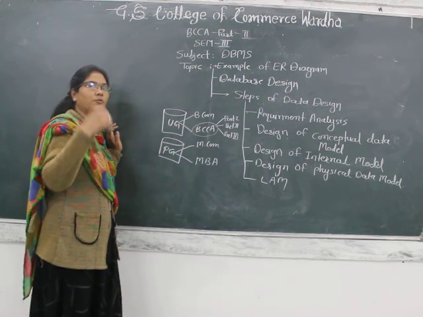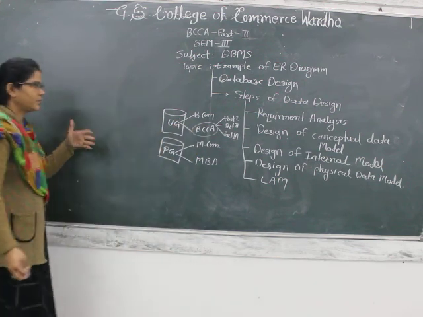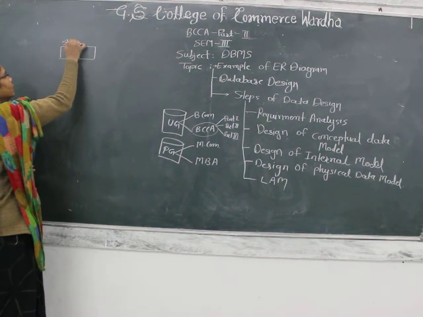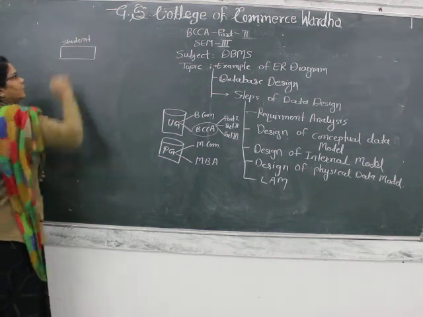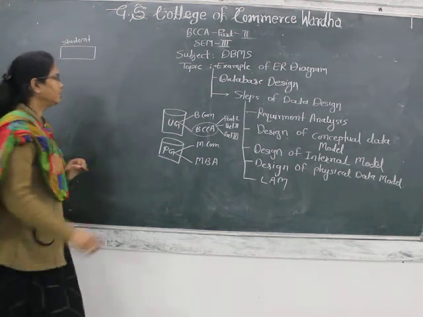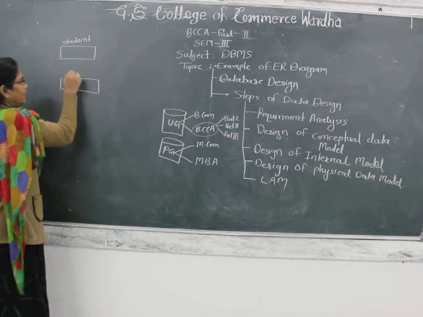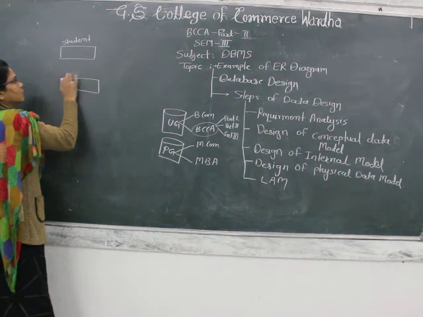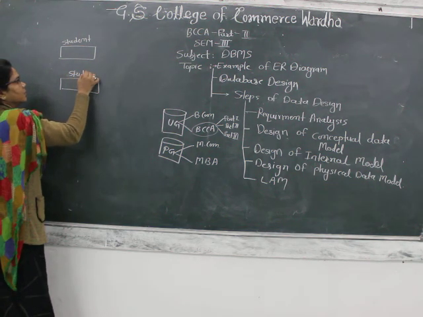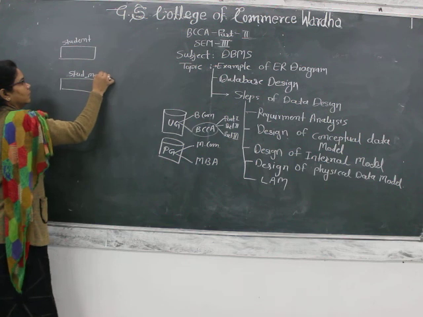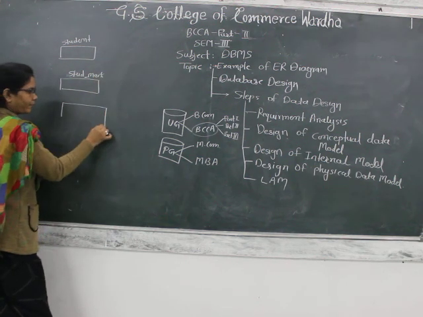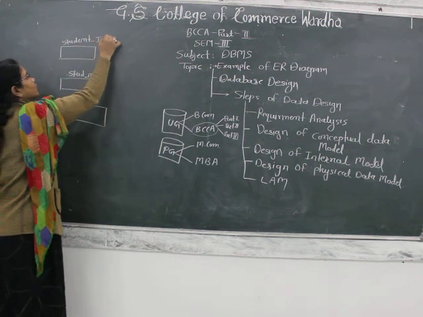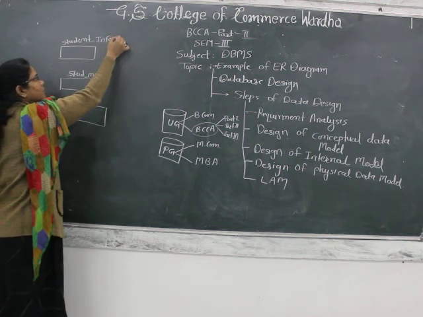So what should we have to store? We create entities. First is student. The student entity, then marks, meaning educational details, marks we can say, then student info, which is nothing but the personal info.